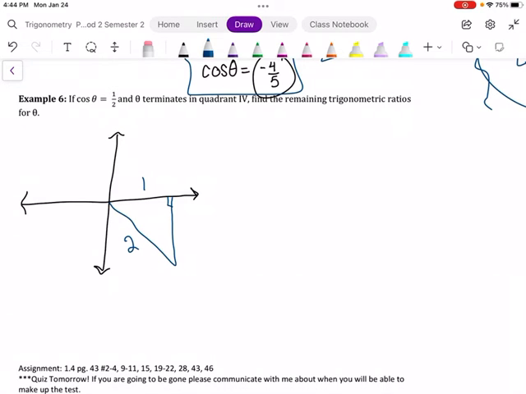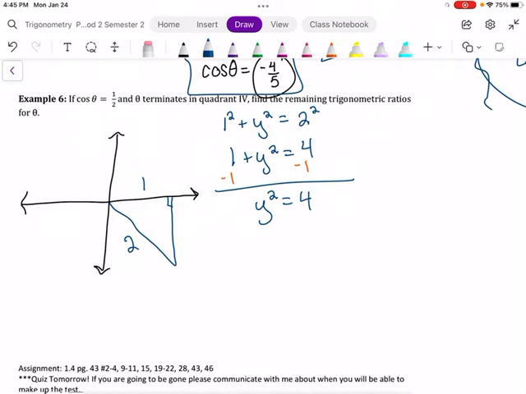I'm going to go ahead and find my missing side, which would be 1 squared plus y squared equals 2 squared. And subtract the 1 from both sides. Y squared equals 4, and y would equal plus or minus 2. In this triangle, it's going to be minus 2 because it's going down.